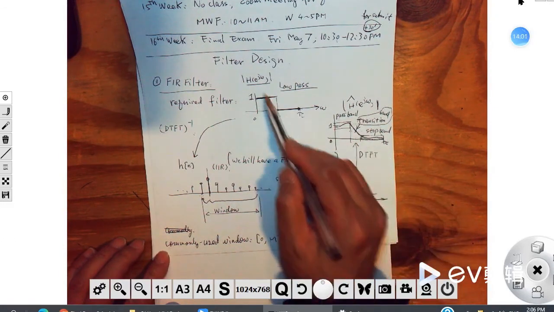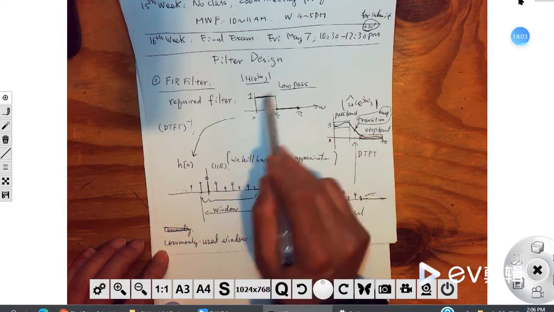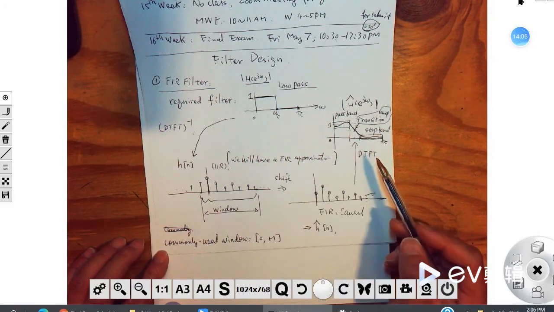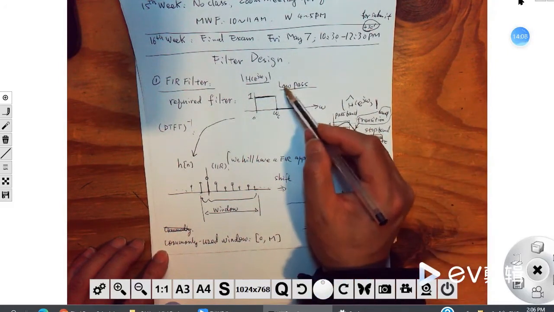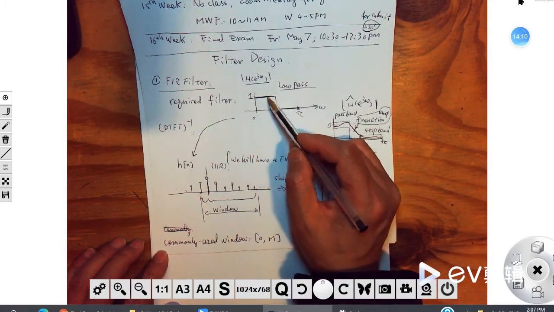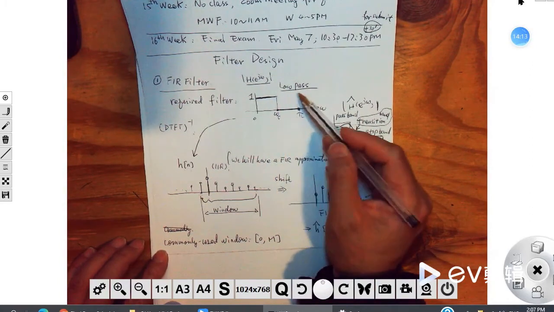Here's a low pass filter. You can choose a different filter. Maybe you want a band pass filter or high pass filter. You can work in a similar way.